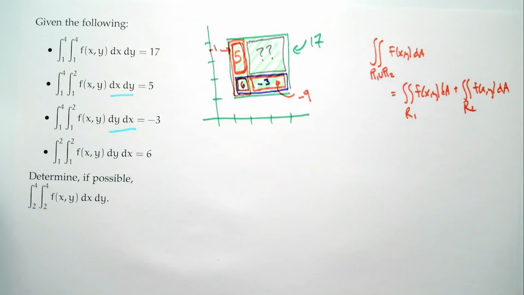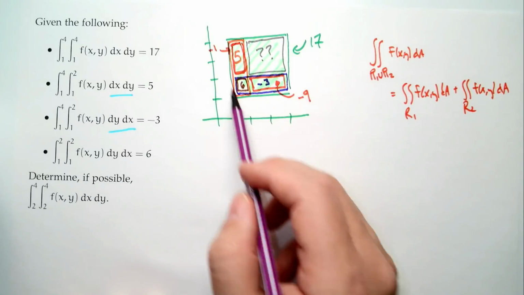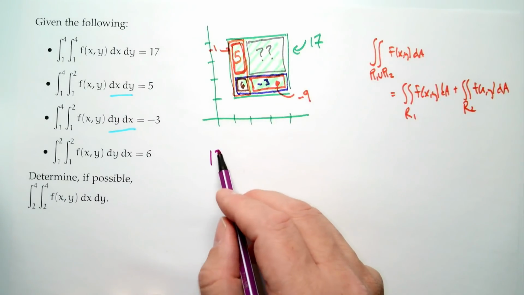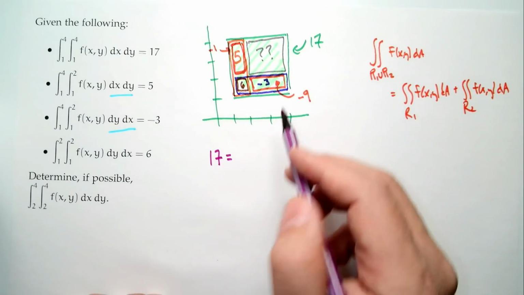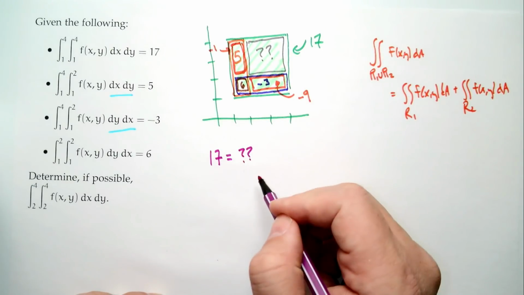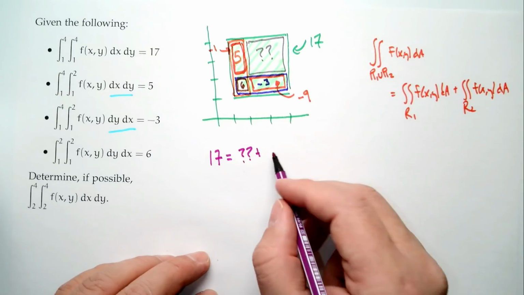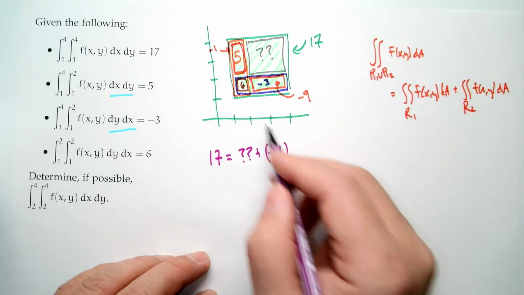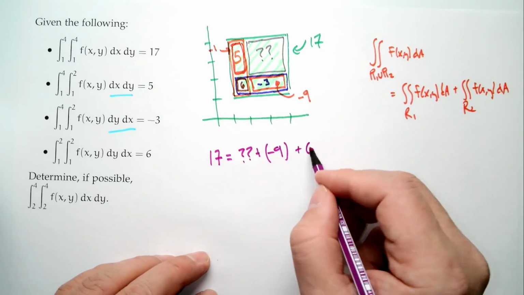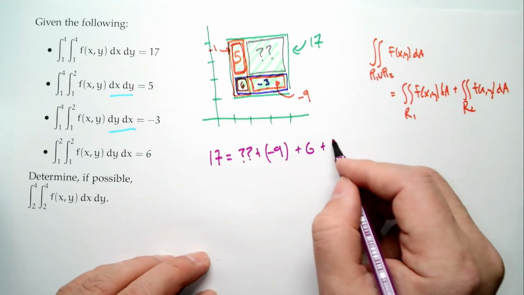Now, how is this useful? Well, what do we have? We have that the whole rectangle, the big one, is a total of 17. And now I can think of it as 4 pieces: the part I don't know, plus this little part, -9, this little square, 6, and this little part there, -1.